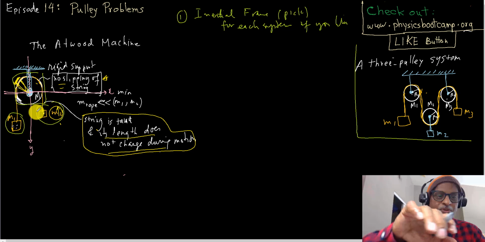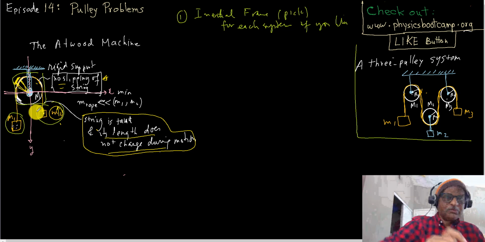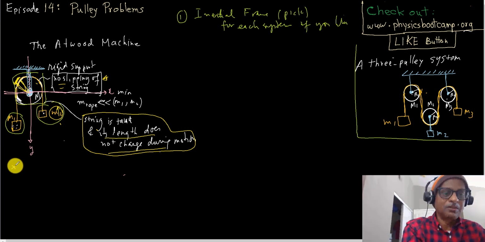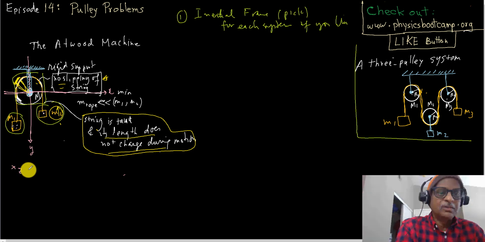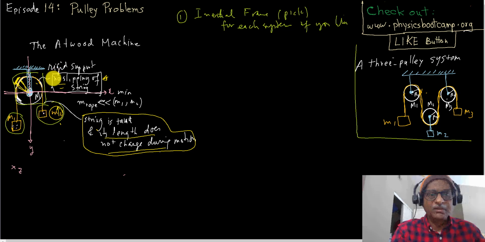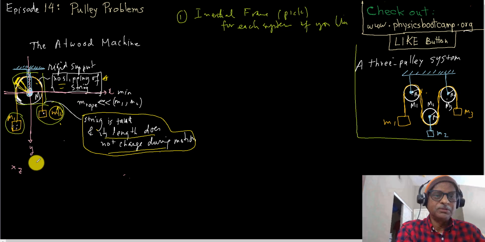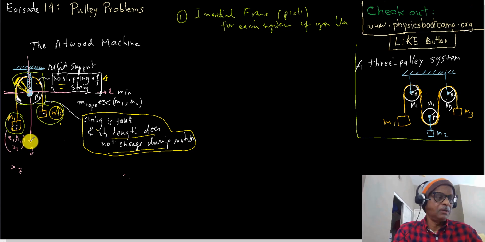If you do a right-handed coordinate system, the z-axis is thumb in, so that's the z-axis behind this screen I'm writing on. So this guy's coordinates will be x1, y1, z1.